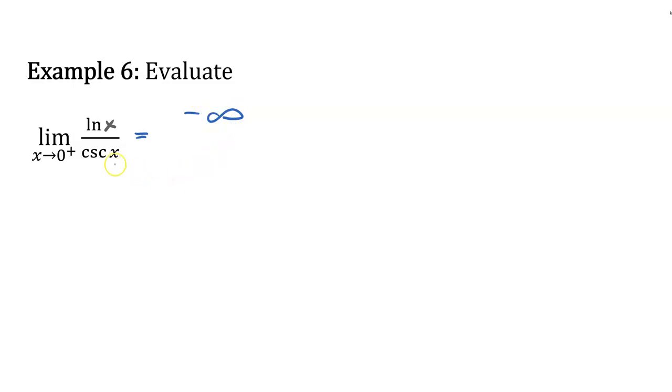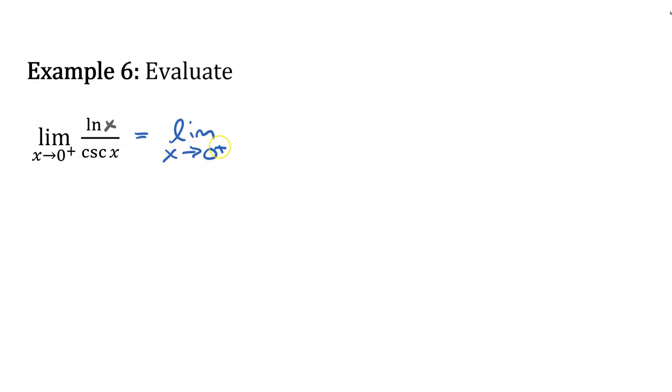And then for cosecant, as we approach 0, that would be positive infinity, which is still infinity over infinity. We can't do that. So we have to apply L'Hopital instead.